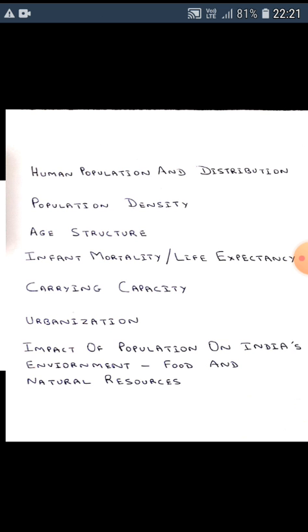The statistics for India is of serious concern. Between 1901 and 1951, India's population grew from 238 million to 361 million, an increase of 52% in 50 years. Between 1951 and 1981, it expanded from 361 million to 685 million.